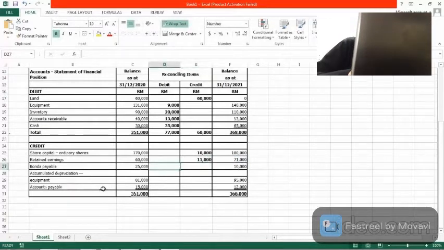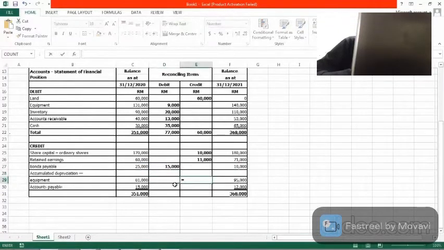For bonds payable and accounts payable, there are decreases in both of these items, so we put them on the debit side. So for bonds payable, 25,000 minus 10,000. Accumulated depreciation, 95,000 minus 81,000. And for accounts payable, 15,000 minus 12,000.